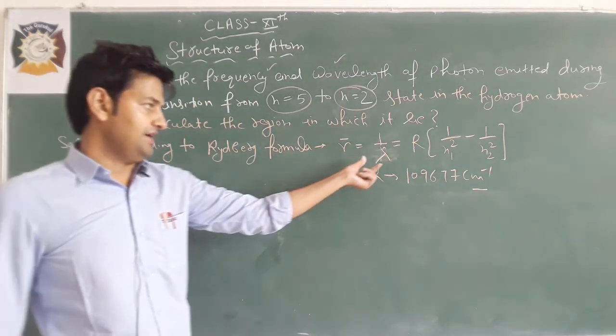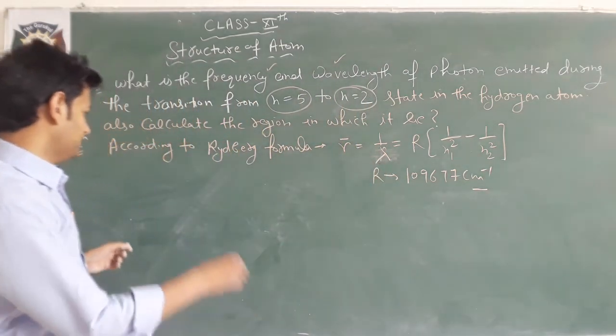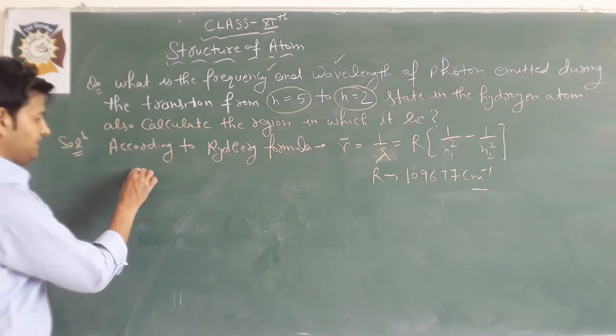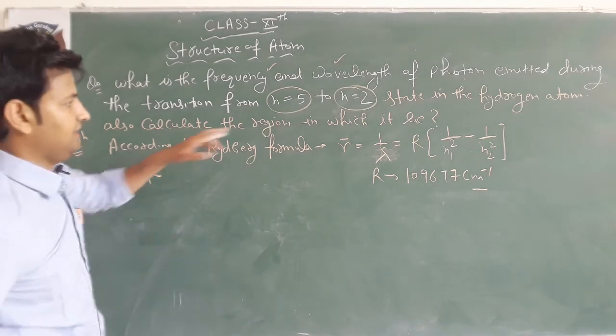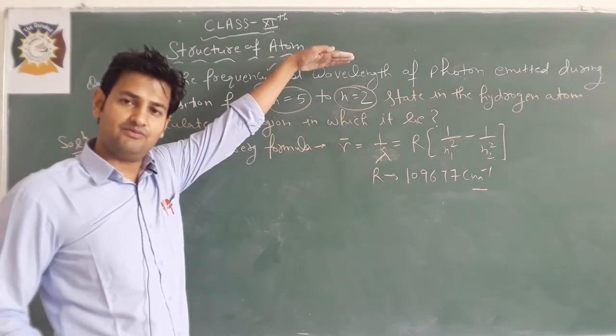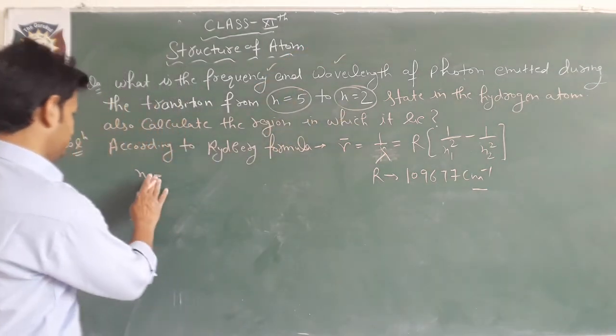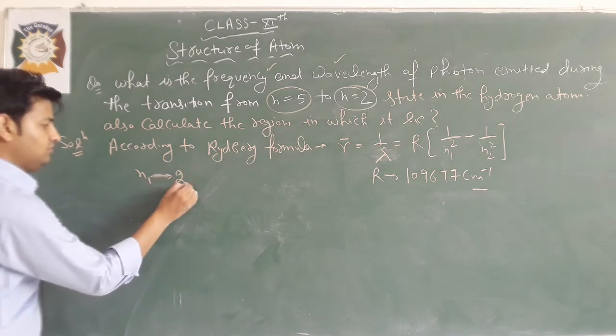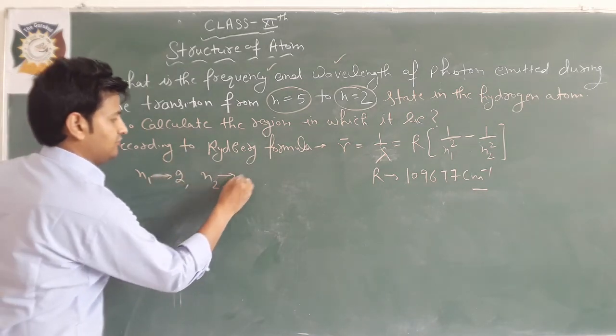So we can calculate the wavelength from here. What is n1? n1 given in the question is 2, because the electron goes from the excited level 5 to 2. So n1 is equal to 2 and n2 is equal to 5.